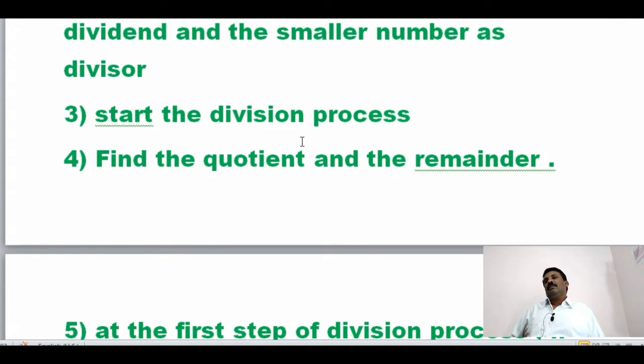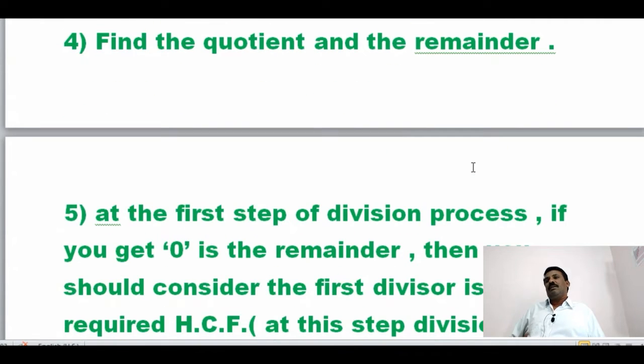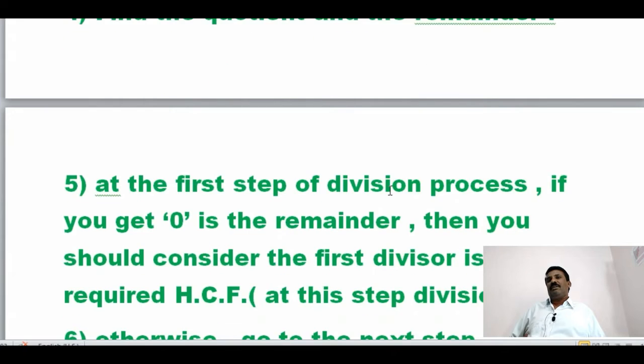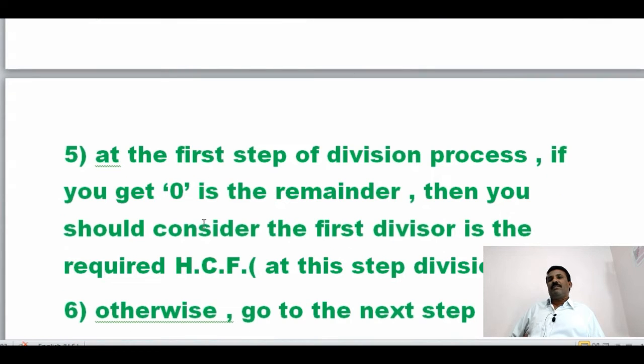Automatically, when you start the division process by dividing the dividend by the divisor, you get the quotient and the remainder. At the very first step of the division process, if you get 0 as the remainder, then you should consider the first divisor as the required HCF.